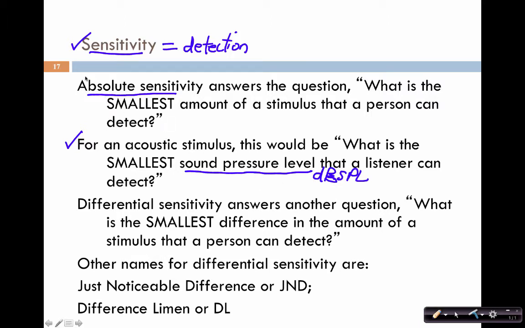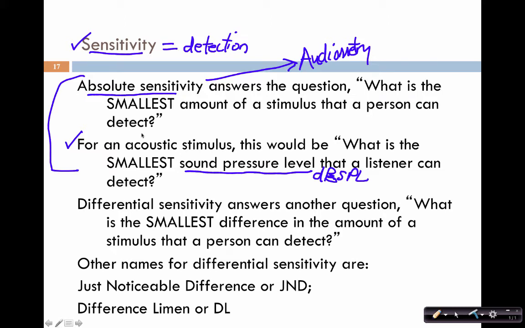And this lecture set part 2 focuses primarily on some of the background involved in measuring absolute sensitivity. And the reason for this is because tests of absolute sensitivity form the basis of clinical audiometry. So it's partly the reason why our basic hearing tests stem from these principal psychoacoustic measurements.